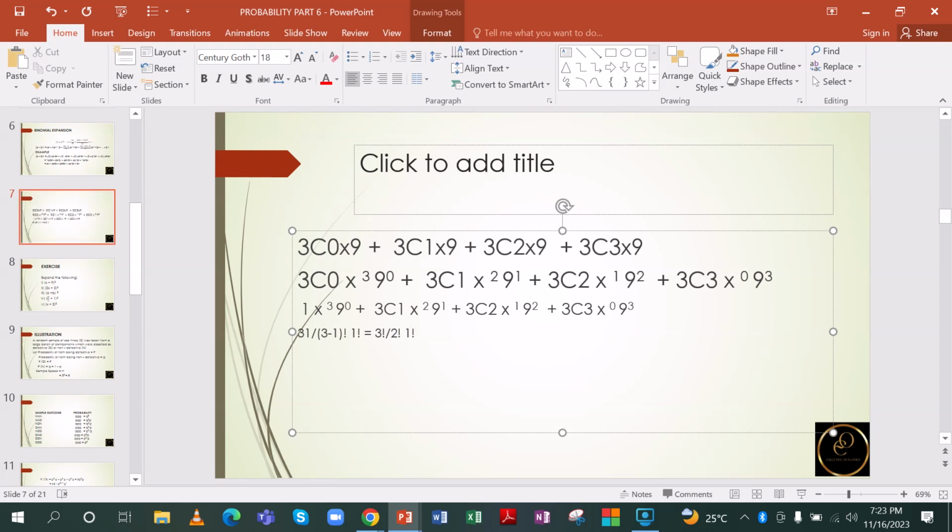Okay, so if you simplify that, 3 factorial simply means 3 times 2 times 1, which is divided by 2 factorial, which simply means 2 times 1. Then 1 factorial simply means times 1. 1 factorial is always 1. Is that okay?